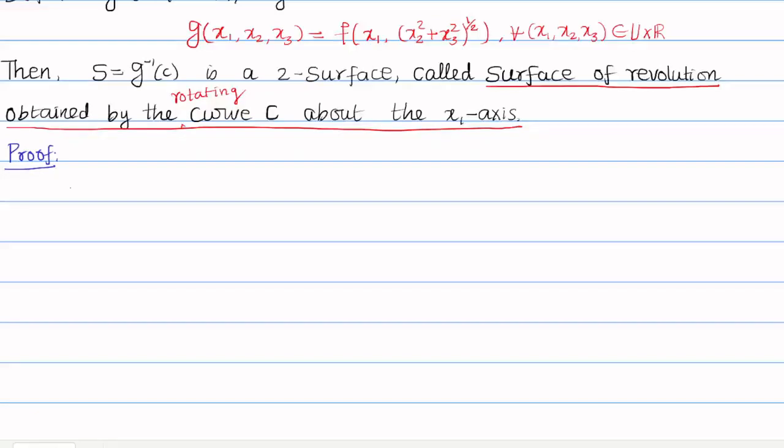So first, clearly G is a smooth function defined on U cross R. இது ஓப்பன் சப்செட் ஆஃப் R3 தான், அதனால we need not bother about that. இது வந்து ஸ்மூத் ஃபங்க்ஷன் தான், அதுல பிரச்சனை இல்லை.